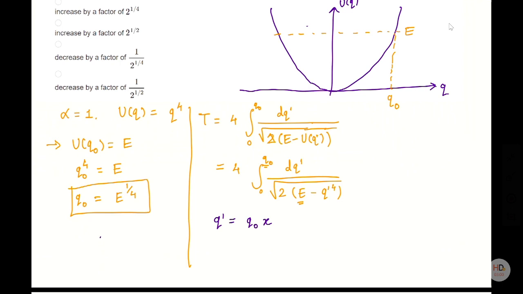So as q prime grows from 0 to q0, x will go from 0 to 1, right?